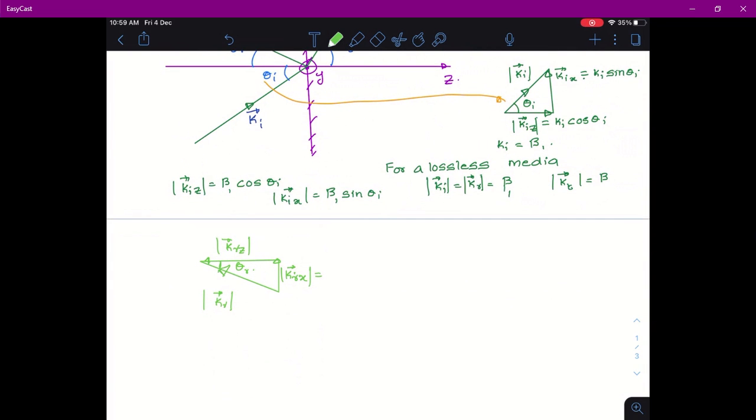So krx is equal to mod kr sin theta r, and krz is equal to mod kr cos theta r. And we know that mod kr is beta 1. So this is beta 1 cos theta r, and this is beta 1 sin theta r.